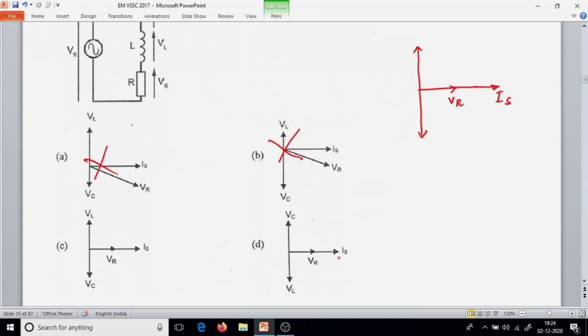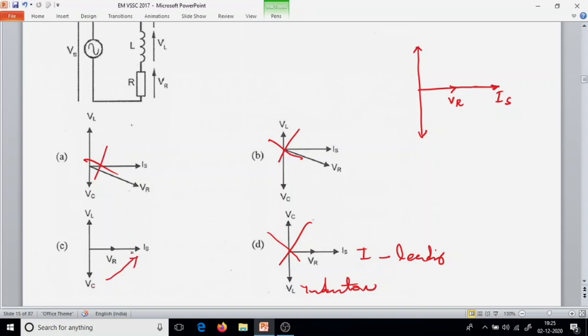If I take this diagram, current I is leading, and VL is here. VL is the inductor, where normally the current is supposed to lag. So this is also wrong.